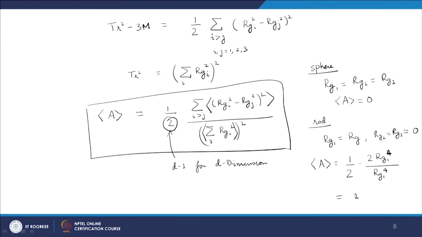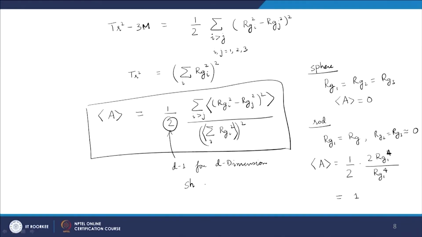Okay. Keep in mind that we are assuming a perfect sphere and a perfect rod, so ensemble average does not have any meaning here. The key point here is we are going from 0 to 1 here. The higher the value is, the more anisotropic or aspherical it is, and the maximum possible value is 1.